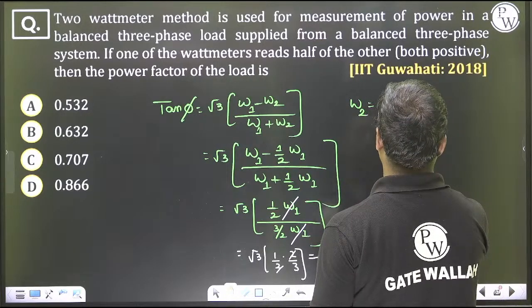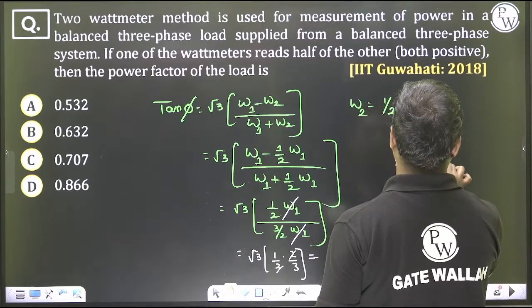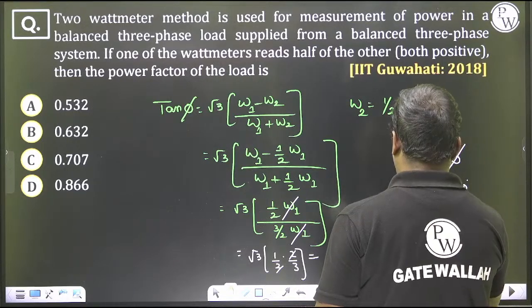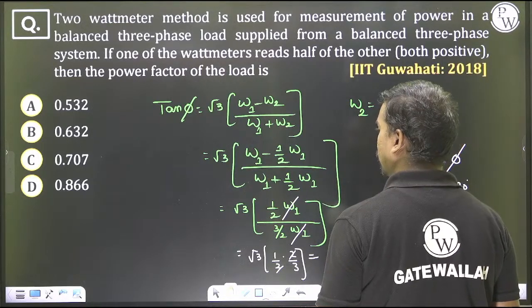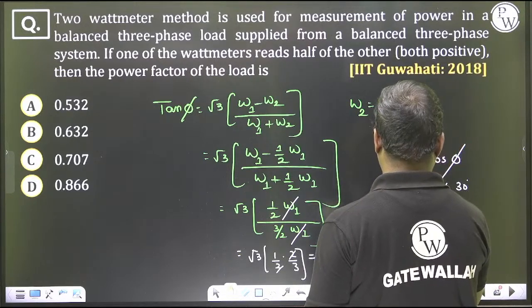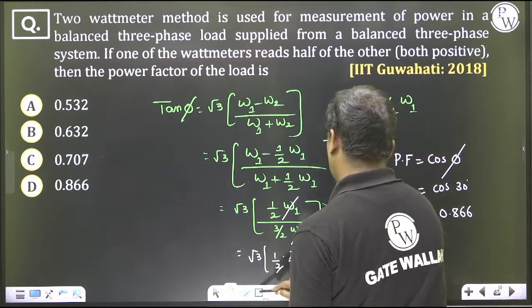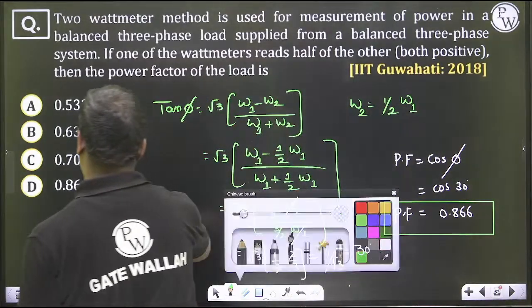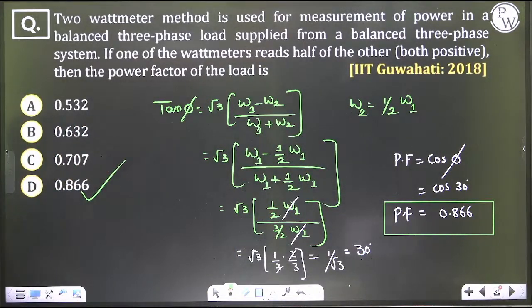The power factor he asked for means cos phi, cos 30, which is 0.866.